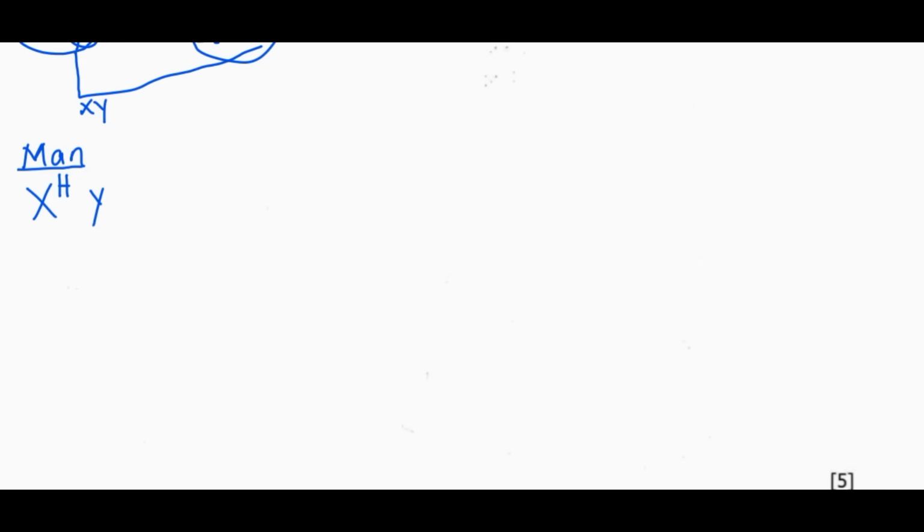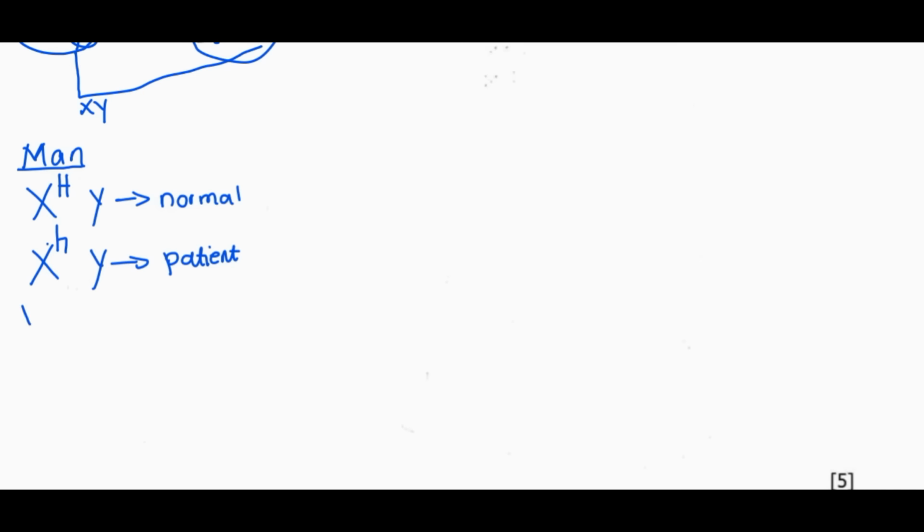Because the Y chromosome does not carry these genes that carry the disorders. So this one indicates that the man is 100% normal. Then for a man who is hemophiliac or a son who is hemophiliac, you are just going to put a small letter h here. So this one is just a patient.